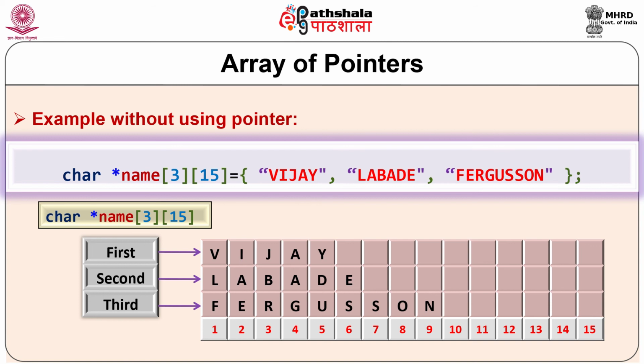In this case wastage of memory is more, hence it is preferred to use pointer in such cases. This is the main benefit of array of pointers. If you compare the example using pointer and the example without pointer, you will find that the example using pointer is preferred because of wastage of memory.